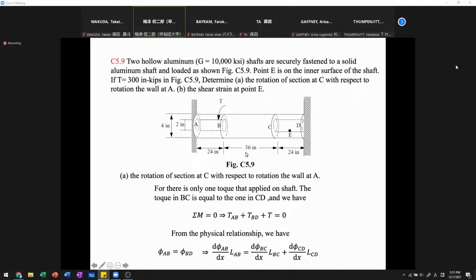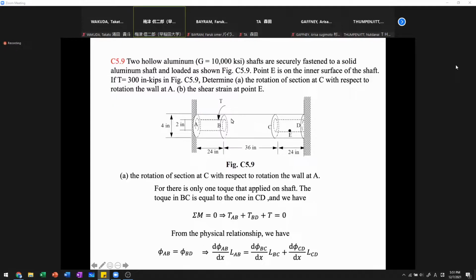And how about the BC part? We estimate this structure, and then only the external torque is applied here, and that will continue not only in the CD part but also in the BC part. So TCD equals TBC, and that must be constant.